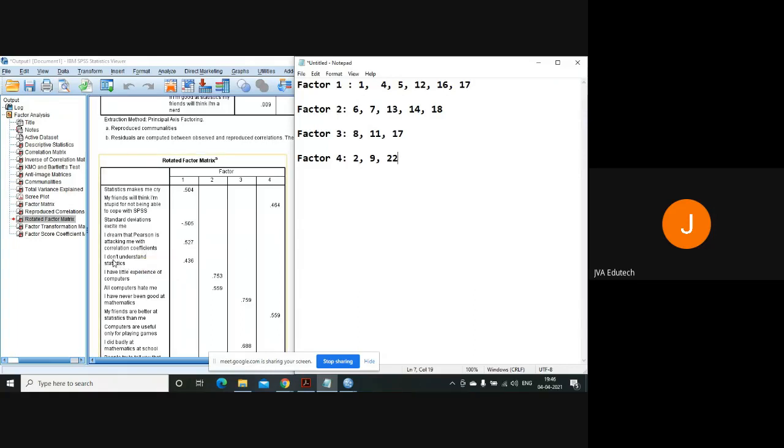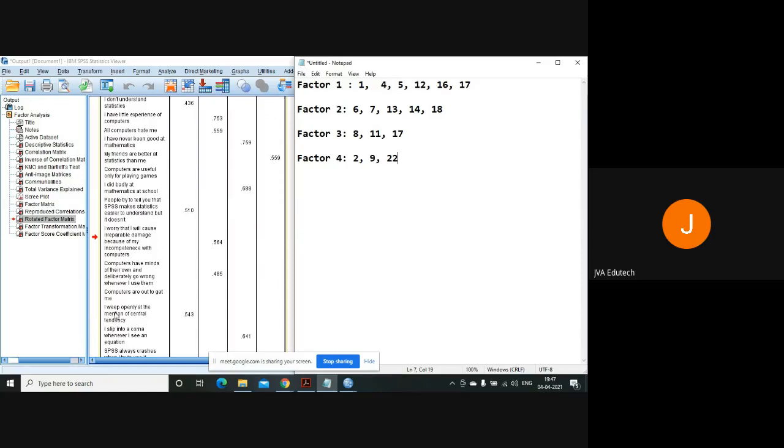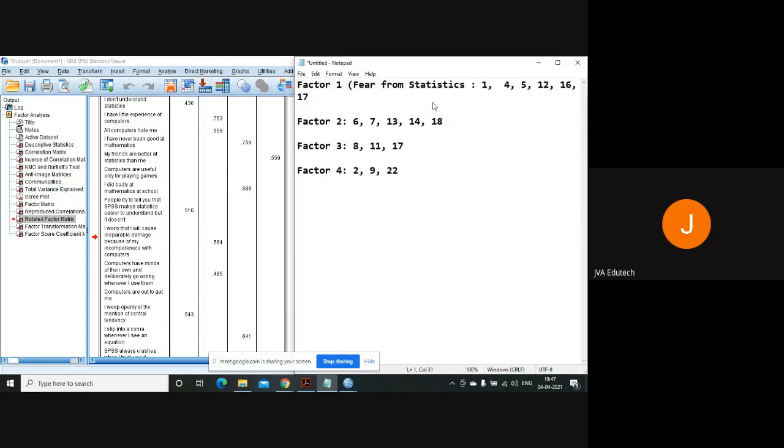Then fifth: I don't understand statistics. Then 12th: people try to tell you that SPSS makes statistics easier to understand, but it doesn't. Then 16th: I weep openly at the mention of central tendency. All these are telling you that factor 1 is all about fear from statistics. Right?